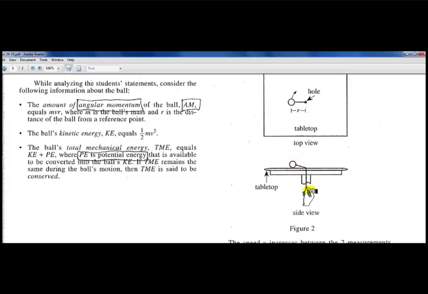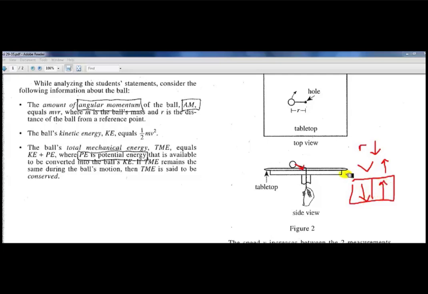As you decrease the string length, the speed of the ball will increase. So R goes down, V goes up. See what I just did here? Relationships. As R goes down, V will go up.